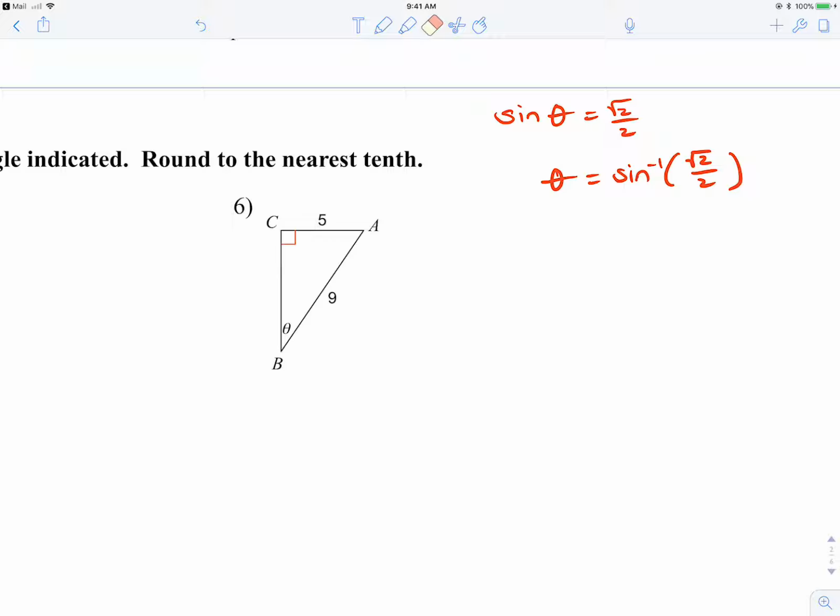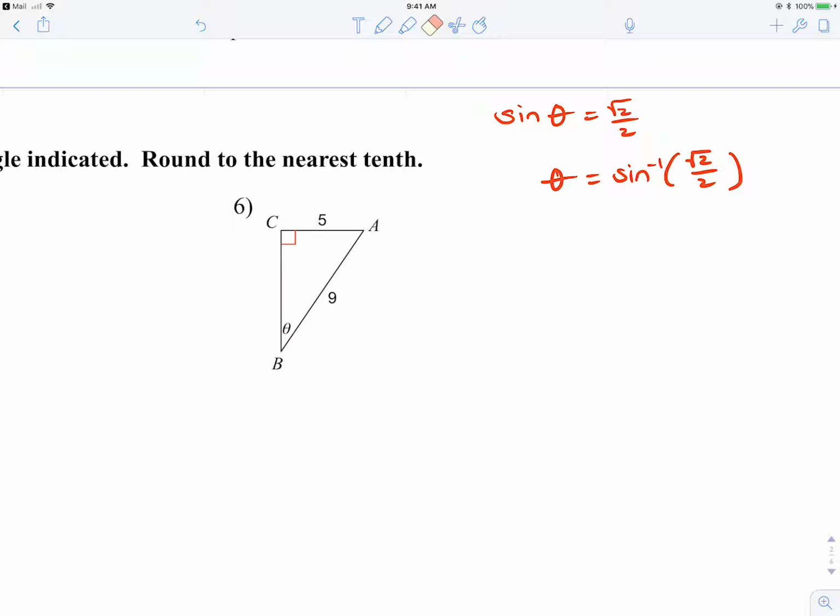So for the inverse trig functions, ratios are now going to be the inputs and angles will be the outputs, right? Because in the original trig function, for sine of theta, angles are the inputs and the outputs are ratios of y over r.